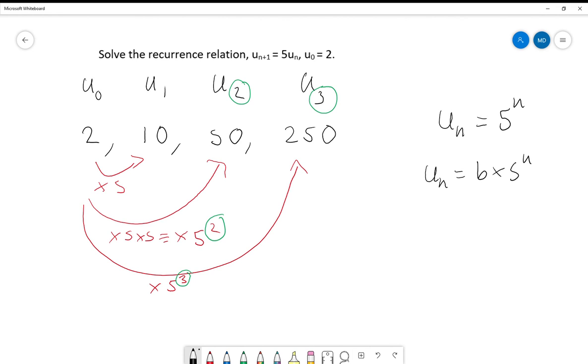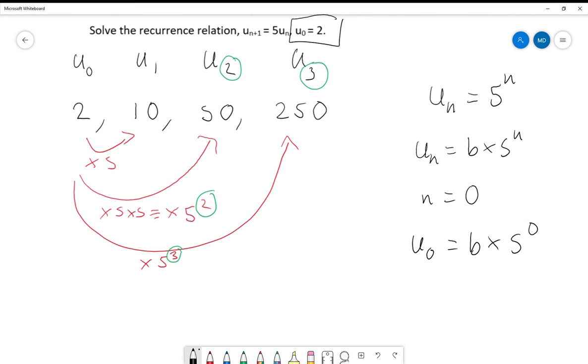To find out what b is, I'm going to put n equals 0, because the initial condition we've been given is that u_0 is 2. Plugging that in, I get u_0 is equal to b times 5 to the power of 0, or u_0 is equal to b, because 5 to the 0 is 1, and therefore u_0 is 2, so b must be 2.